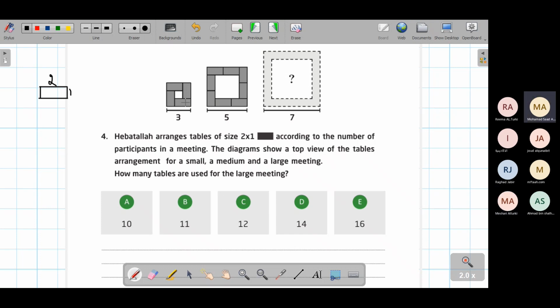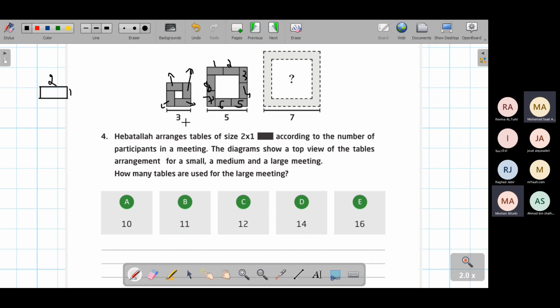The first one is 1, 2, 3, 4. Okay, this is the first table. This is the second table. This is the third one. This is the last one. Okay, 1, 2, 3, 4. Here, yellow. 1, 2, 3, 4, 5, 6, 7, and finally 8.